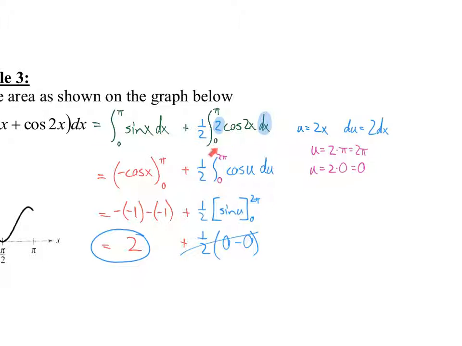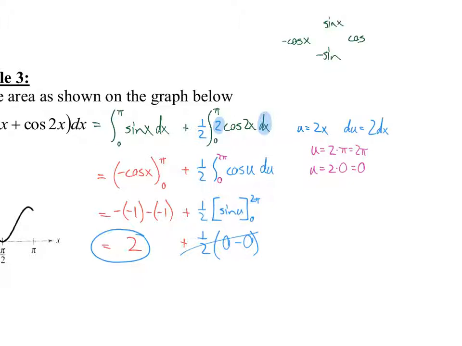I needed to change these boundaries because this 0 and pi were values of x, not values of u. So I plug in 0 and pi to get my new boundaries to go from 0 to 2 pi. That's what we've got right over here. Now, the integral of cosine is sine. Remember our sine, cosine, negative sine, negative cosine?